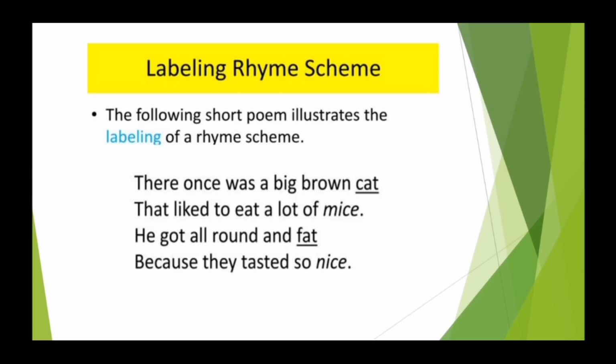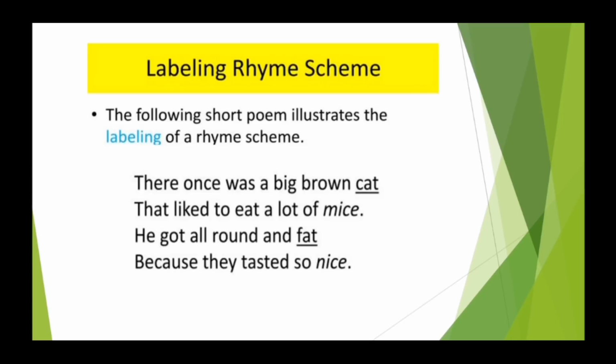The poem is: there once was a big brown cat that liked to eat a lot of mice. He got all round and fat because they tasted so nice. Now in this poem we need to find out the rhyme scheme.